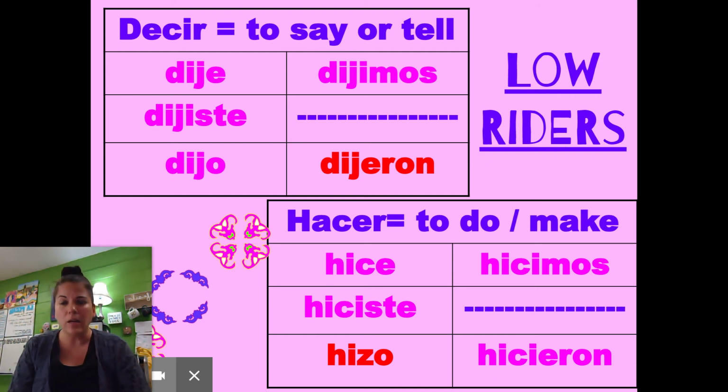The first one, decir. So remember, decir changes in the stem to dij. And when it conjugates, it's dije, dijiste, dijo, dijimos, and then dijeron. So what is weird about that red one there? If you look at it, it's supposed to have an I here.